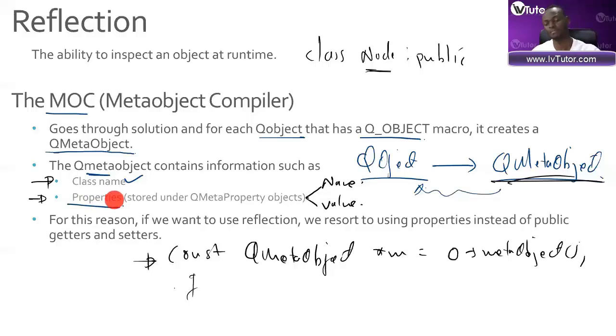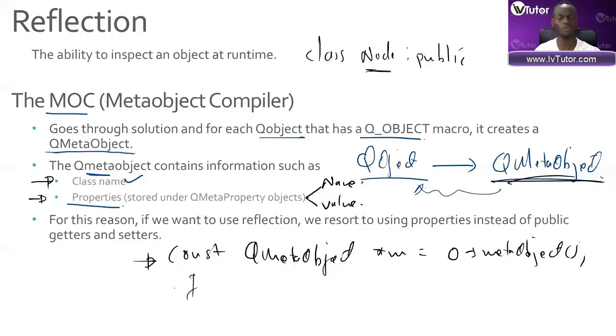So every time you hear a question about reflection, it's not only about meta objects, it's also about properties, because these two things go hand in hand together. Okay? Because we are saying that let's define properties inside our object, and then we can later on use reflection to get those properties. So this brings us to the subject of properties.